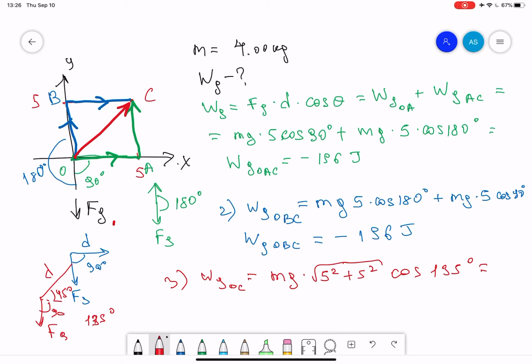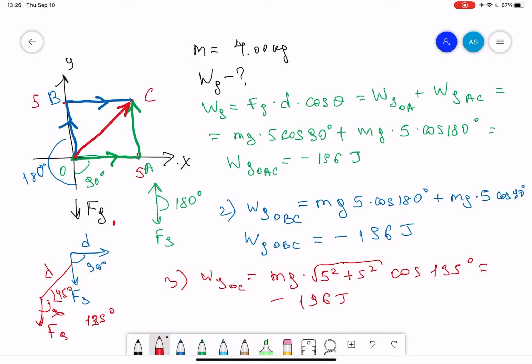Again, you should get that it is equal to minus 196 joules. Now as you can see, by moving along OBC, OAC, or OC, we get the same work done by the gravitational force.